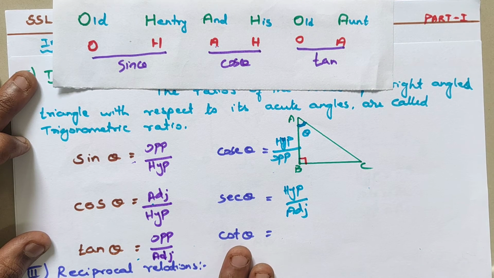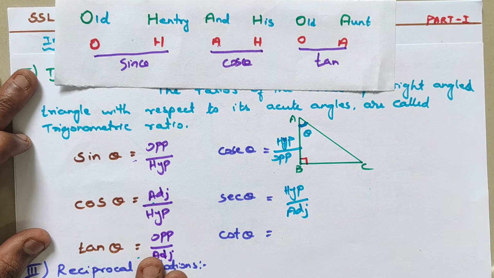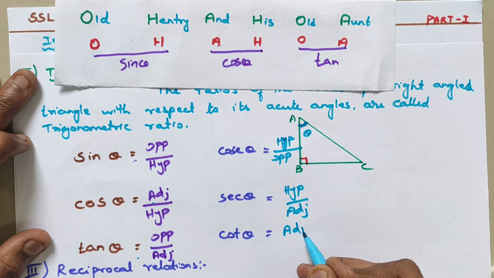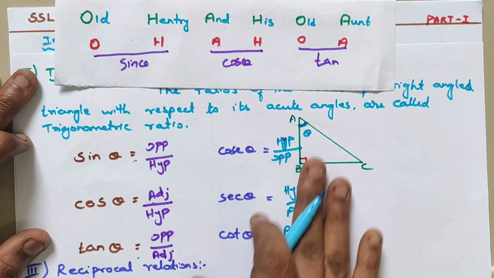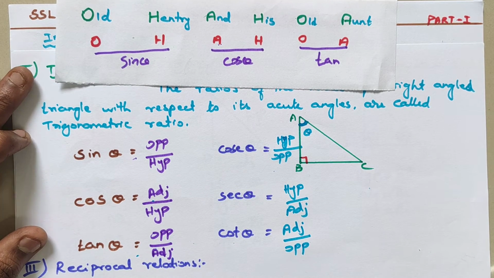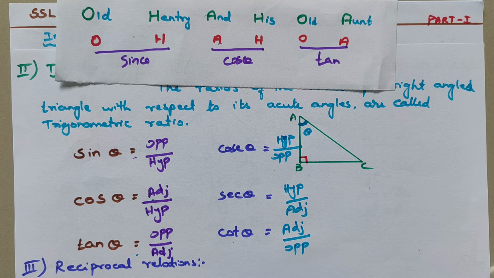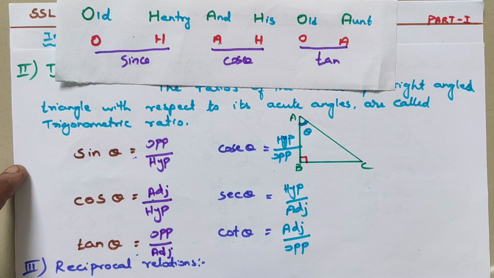Next, cot theta is the reciprocal of tan theta. If you take the reciprocal, it will be adjacent divided by opposite. In this way, you can memorize these 6 formulas without making any mistake. Is it clear, children?